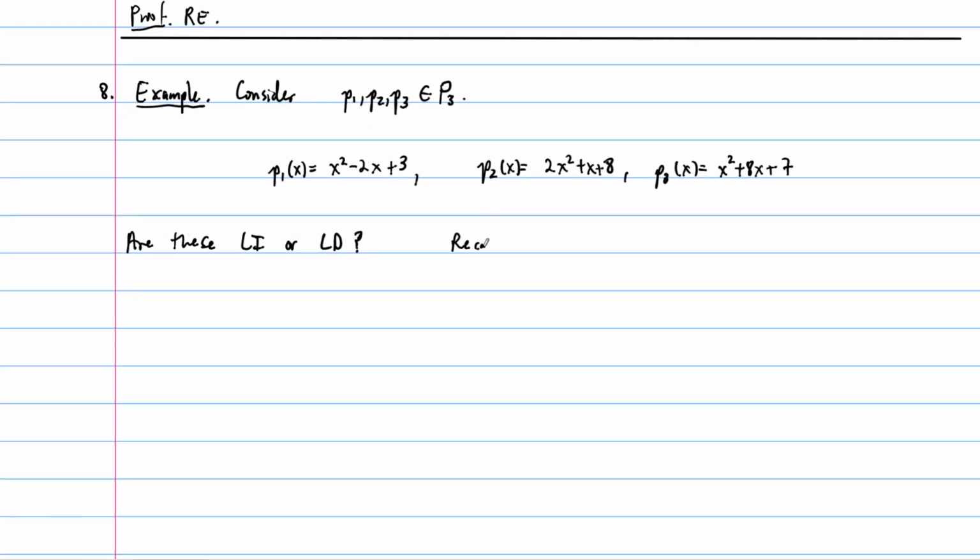So recall, the 0 vector in P3 is the polynomial whose coefficients are all zeros. So using this fact, I'd like you guys to try to take a moment during the pause in pencil, to write out a system of equations to determine whether or not these 3 vectors are linearly independent or linearly dependent in P3. And then you can try to actually solve it if you want and answer the question. And then when you come back, we'll do it together.